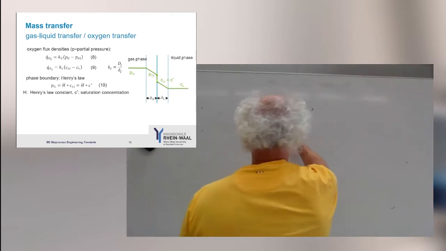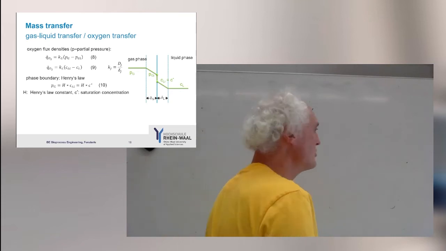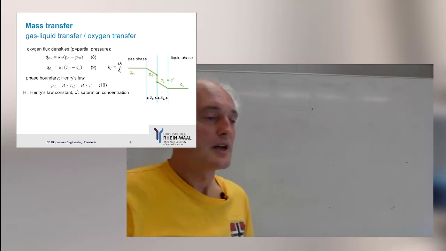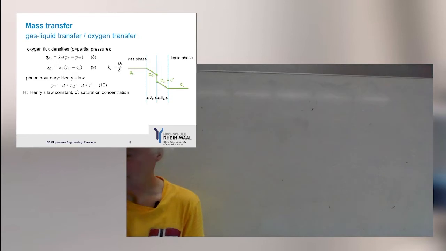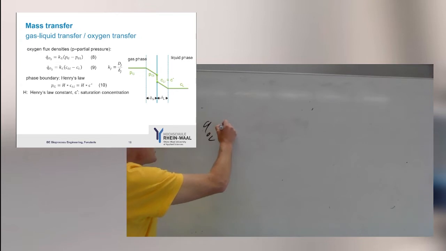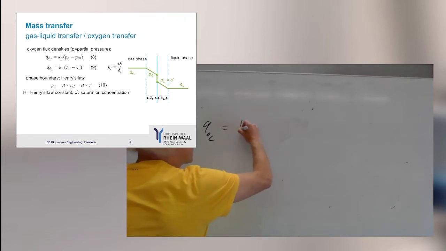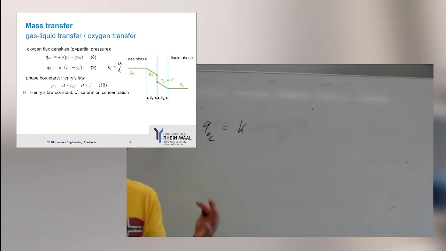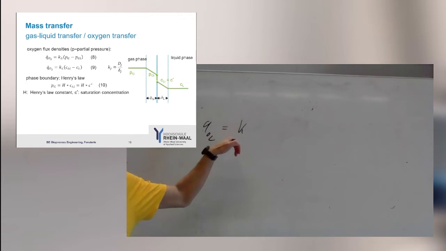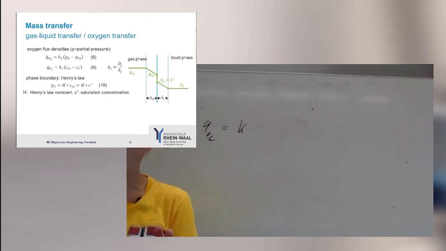Well, the flux density QO2 is equal to, easier to look at this sheet here, the QO2 for oxygen now, of course, not for a general term. QO2 is our constant. So this is the first equation I just copied. This is what we developed at the very beginning, what I just wiped out. Because we have said we neglect everything in the gas phase, and therefore we can just go with this first equation.